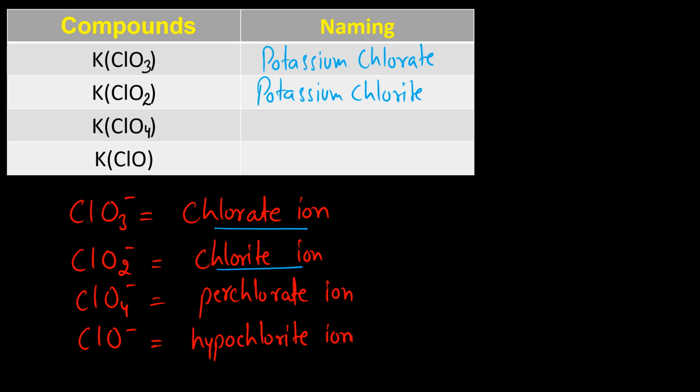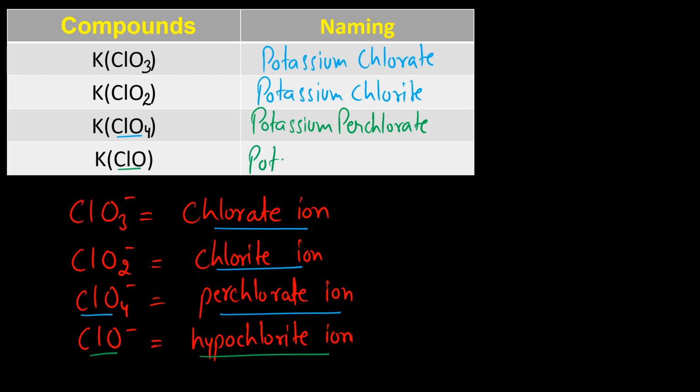Next, I am having potassium with ClO4, that is perchlorate ion. In this case, the name should be written as potassium perchlorate. Well, for this, it is ClO, whose name is hypochlorite ion. When potassium comes with hypochlorite ion, we will write its name as potassium hypochlorite.